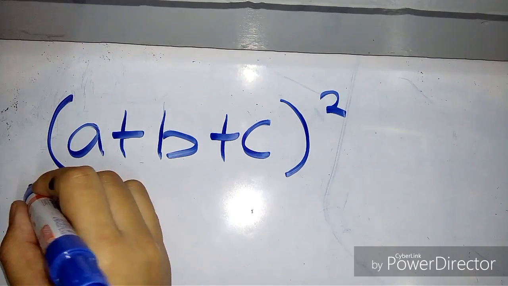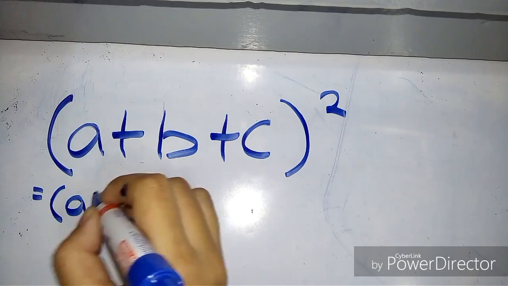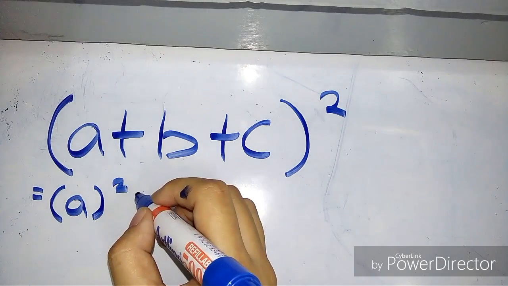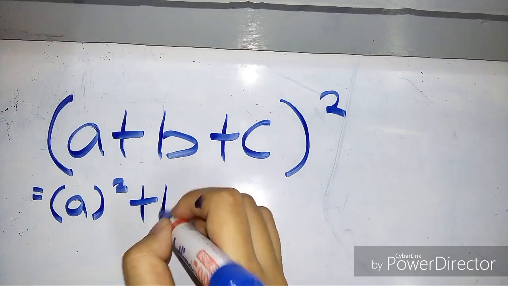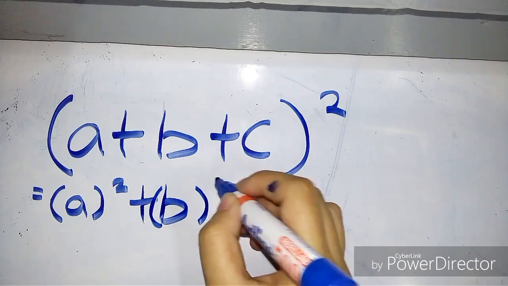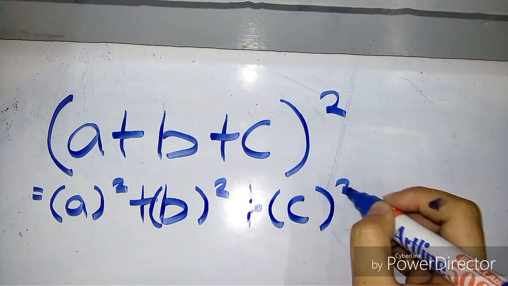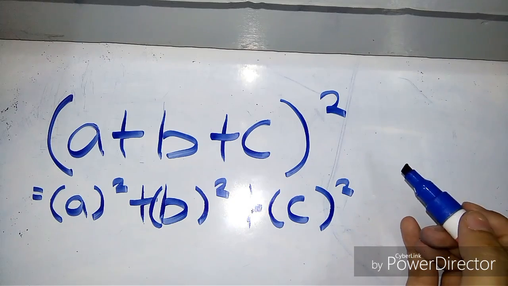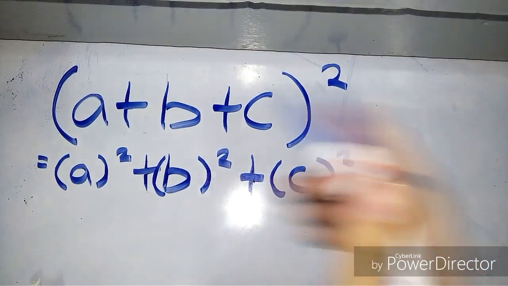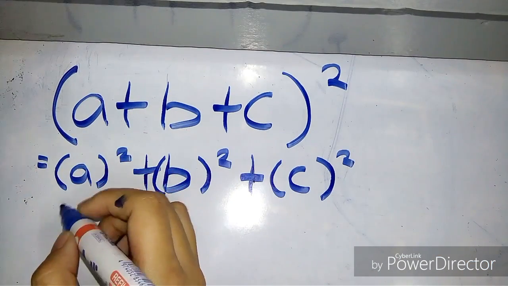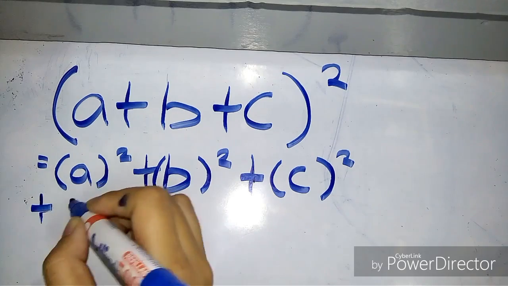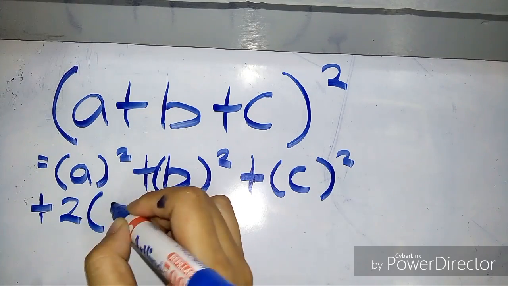So we're going to square all of the terms. So square a for a squared plus b squared plus c squared. Then you're going to find the product of a and b. You're going to multiply that twice.